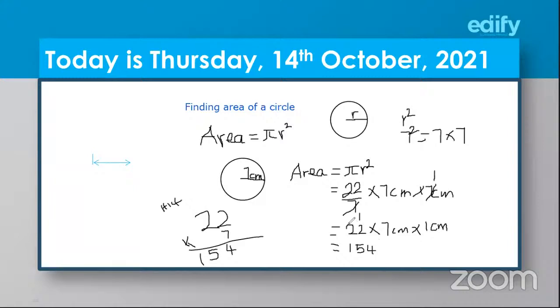So you multiplied this and this, and you got this. And then finally times 1 centimeter. That is okay. Our answer is going to be 154 squared centimeters. Okay, very good.